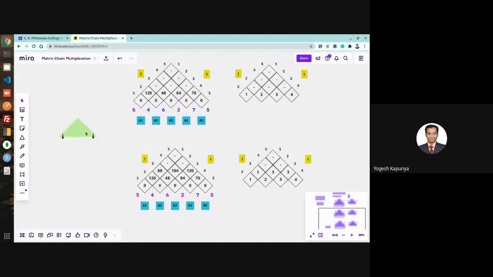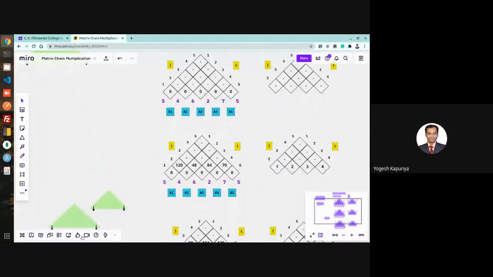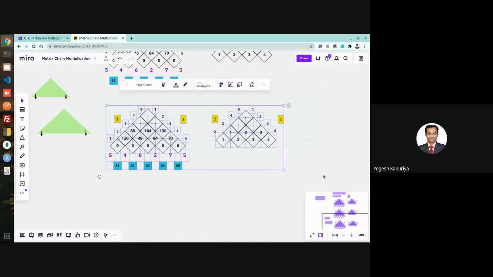Next is level 3. When you are at level 3, again you have 3 different ways of doing that. First let me copy this.